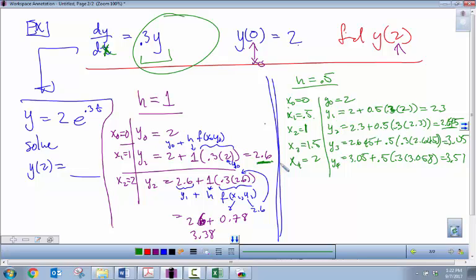Let's find out the real value. Can somebody put 2 in for x here?